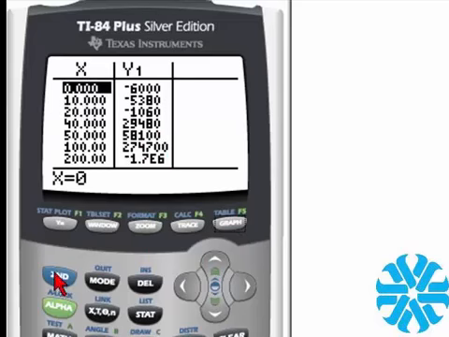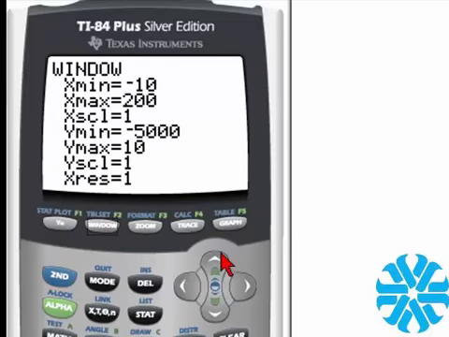So let's say 250,000 for our Y max. Okay, so we have our range from minus 5,000 to 250,000, and then our X range will go from negative 10 to 200, just to start out with.